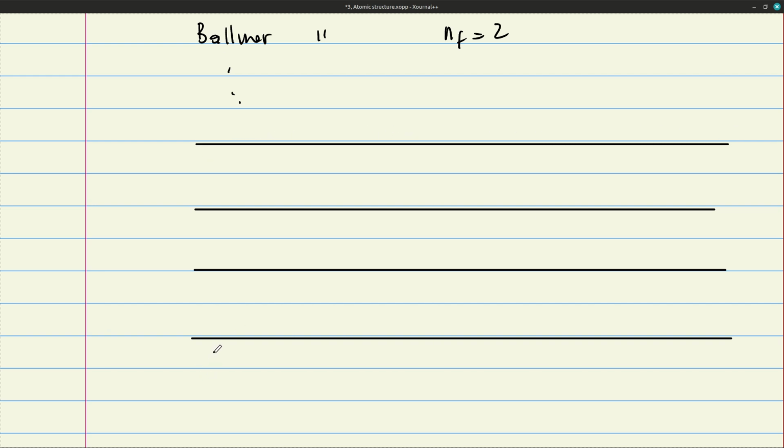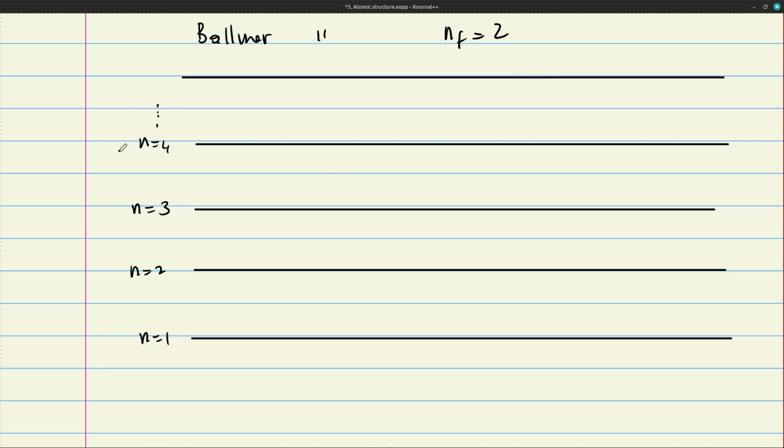So this is N equal to 1, this is N equal to 2, N equal to 3, N equal to 4, and maybe there's also N equal to infinity. So this is N equal to infinity.